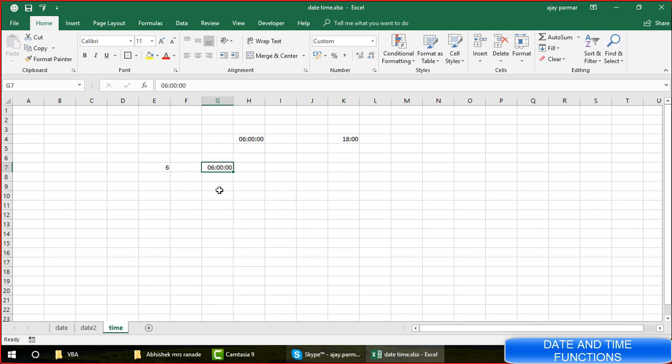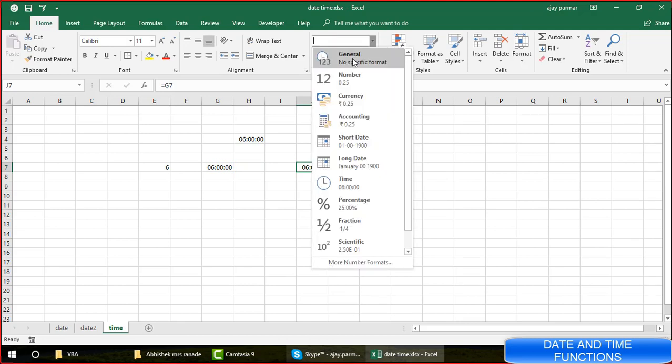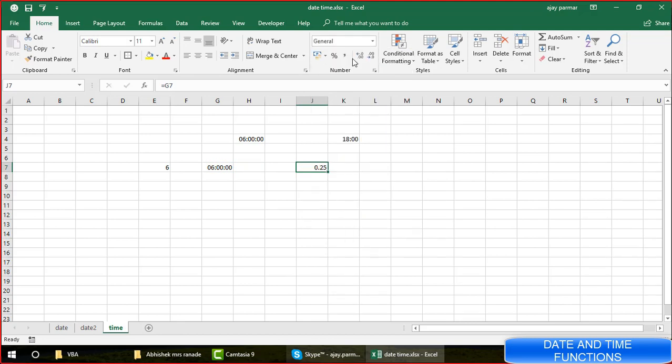What happens if you go to the General format of this time? You see how Excel stores the time. Can you see that? A number is coming, but a very small number. That means time is also a number.